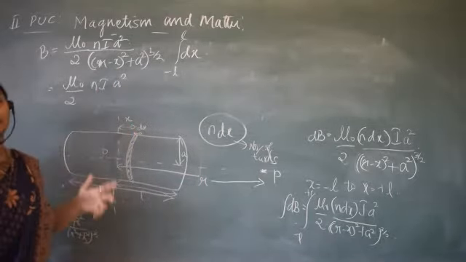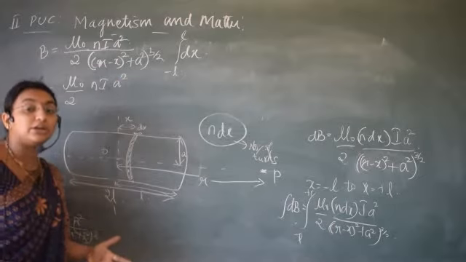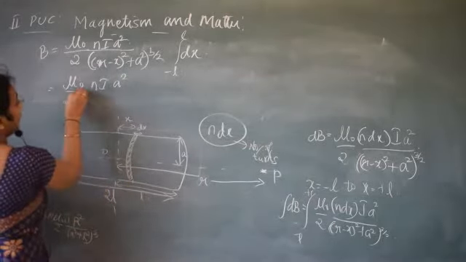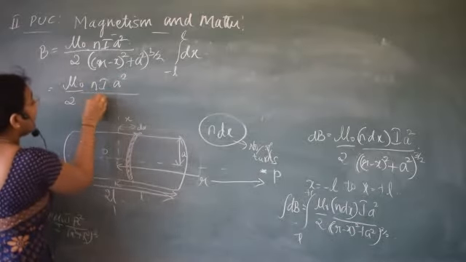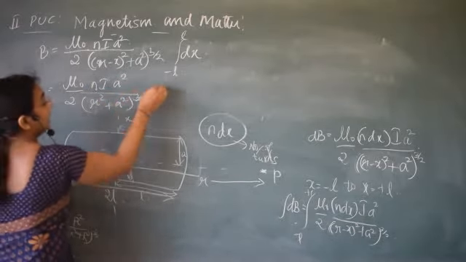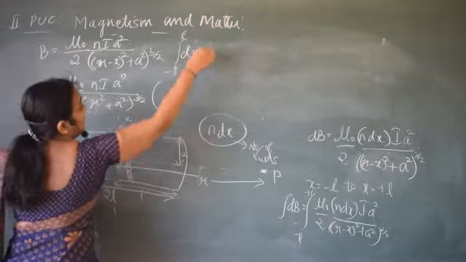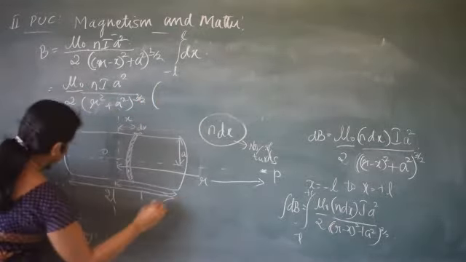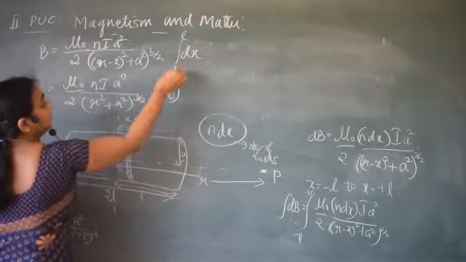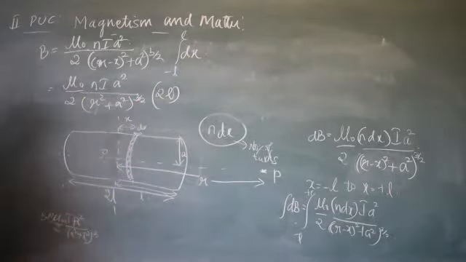So r minus x the whole square is approximately equal to r square. So I can write r square plus a square to the power 3 by 2, into the integral from minus L to plus L. What is the distance? 2L. So this value I can write as 2L.